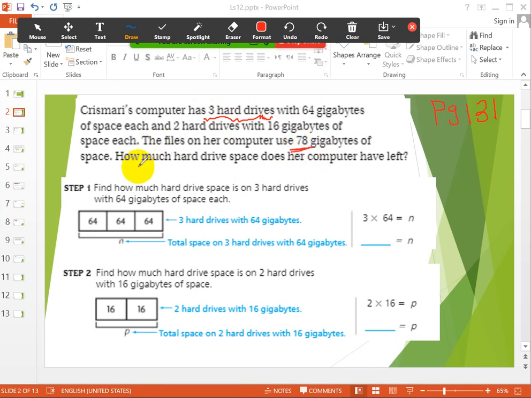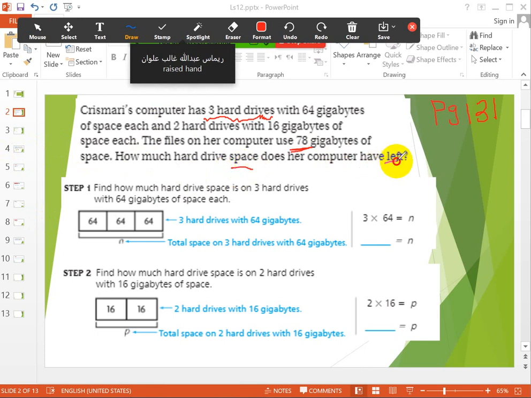Let's learn together how I will find the space left in the computer after saving those 78 gigabytes. First step, I will read the step for you, then we will understand the multiplication here, then we will find the answer. Okay, let's read together.